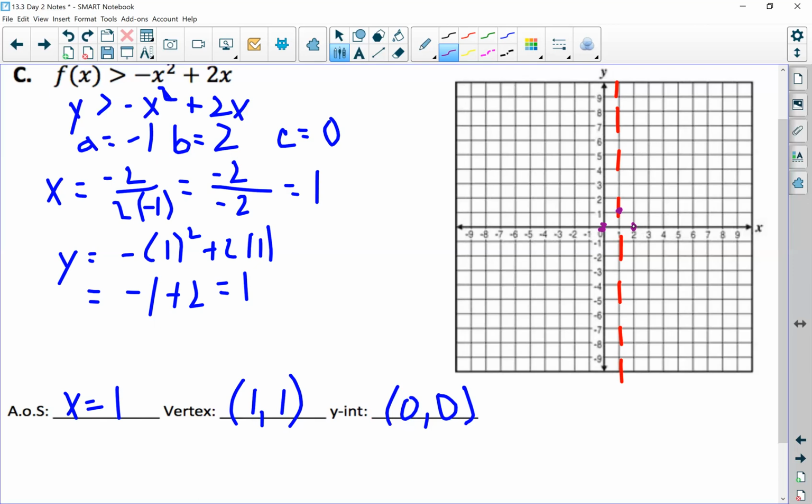Then I'm going to go over 1, down 3. Over 1, down 5. Solid or dashed? Dashed.